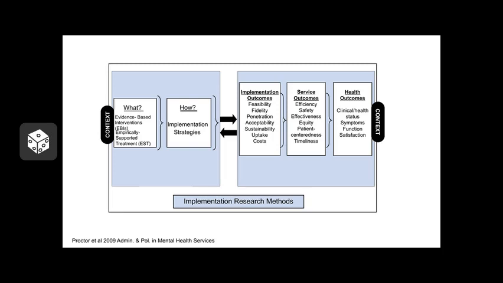But there's a whole series of things in between that we may really want to consider when we think about, does a program work? Folks have also looked at service outcomes, including efficiency, safety, effectiveness, equity, patient-centeredness, and the timeliness of programs. But what I'd like us to focus on today are really the questions about implementation strategies.